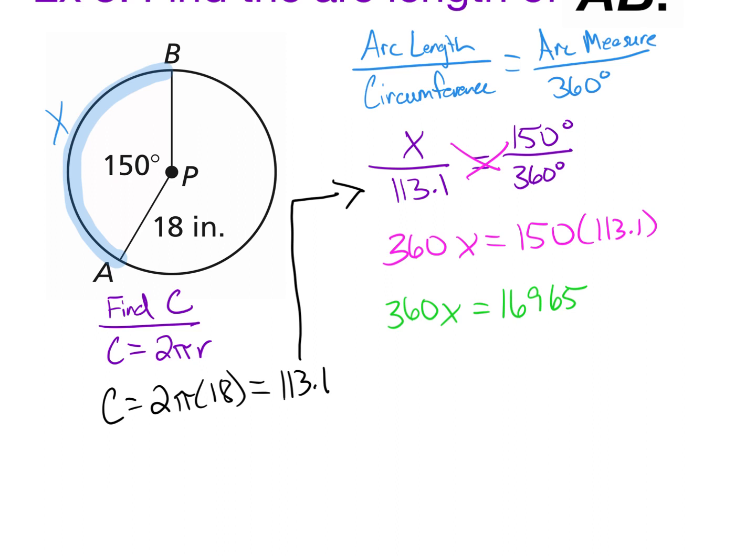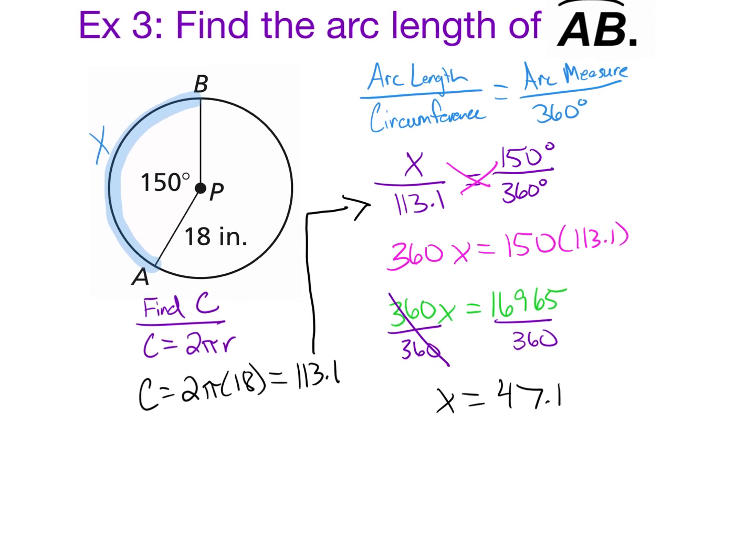Okay. Now what's my last step here to solve for X? Divide it by the 360. And X is equal to what here, to the first decimal place? 47.1. Okay. All right, now I need to see, what does the X represent?